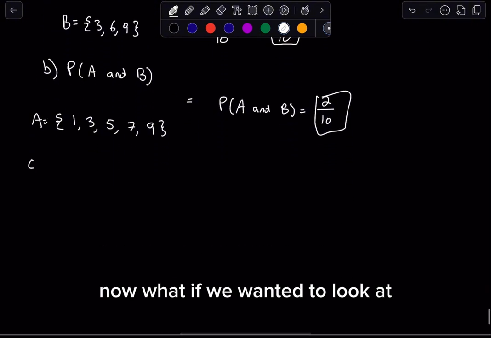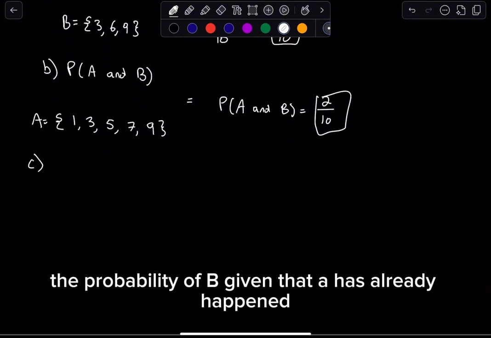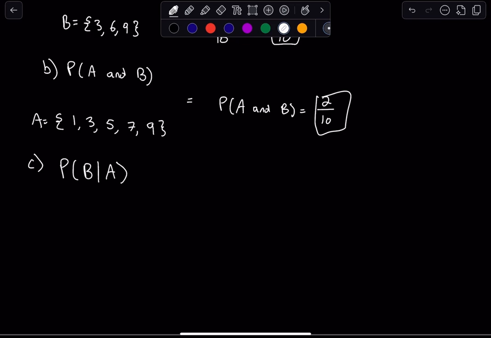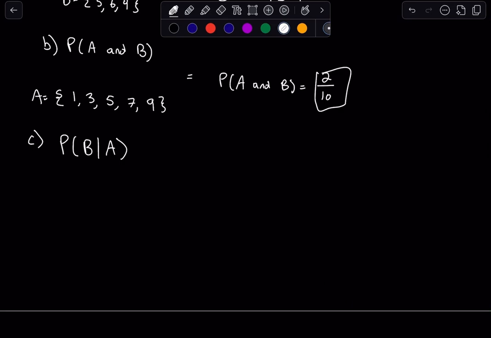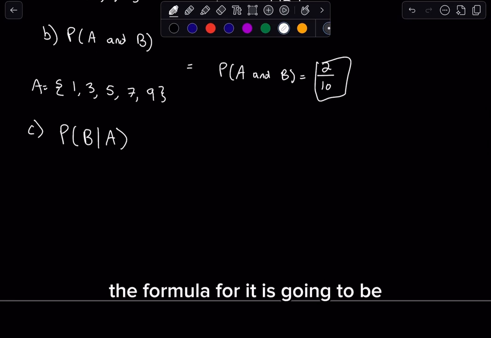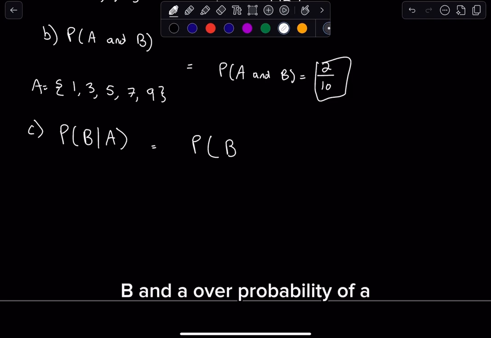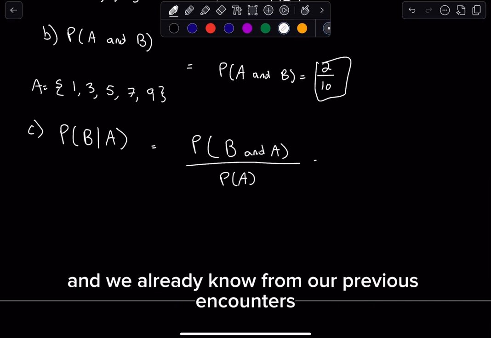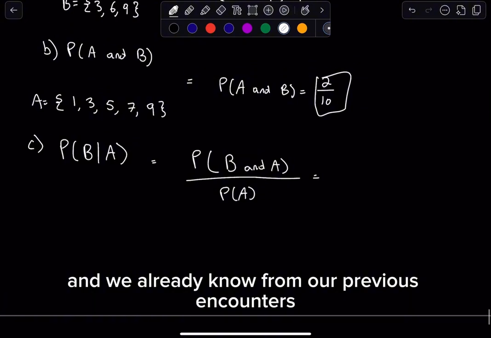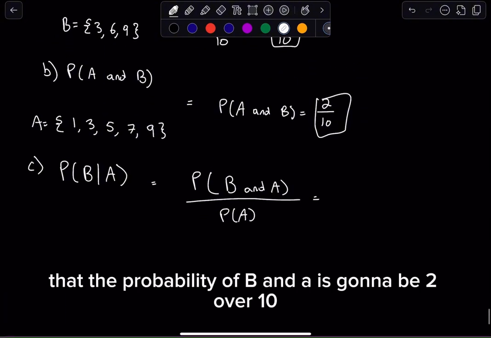Now, what if we wanted to look at the probability of B given that A has already happened? Well, how do we do that? The formula for it is going to be the probability of B and A over probability of A. And we already know from our previous encounters that the probability of B and A is going to be 2 over 10.